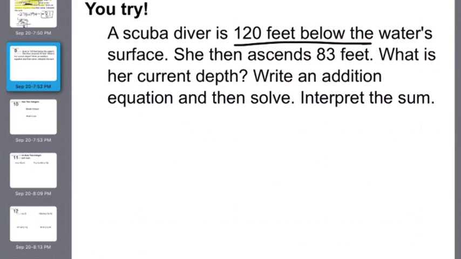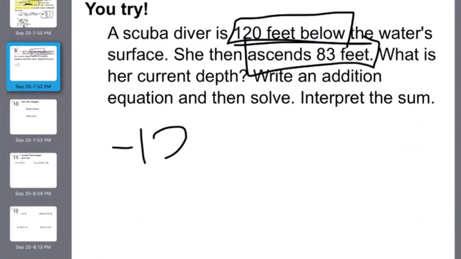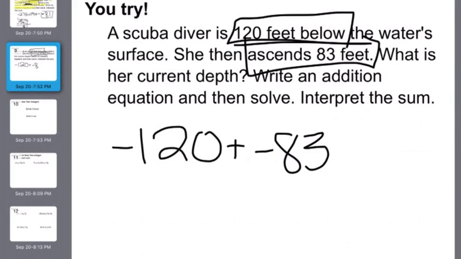So it says the diver is 120 feet below and ascends 83 feet. She is starting at 120 feet below the surface. Then we added on an additional 83 feet going down. So she was at negative 120 and she went down 83 more.